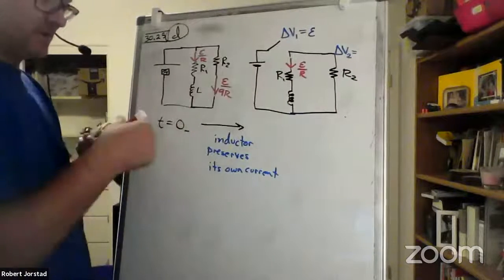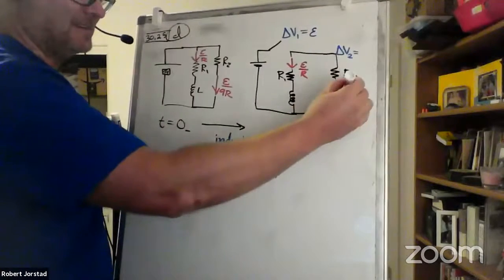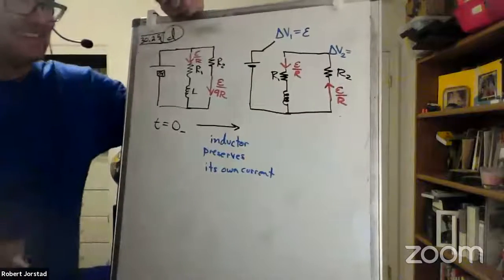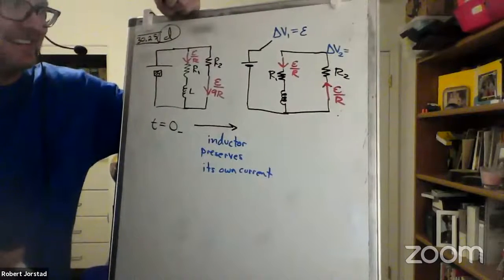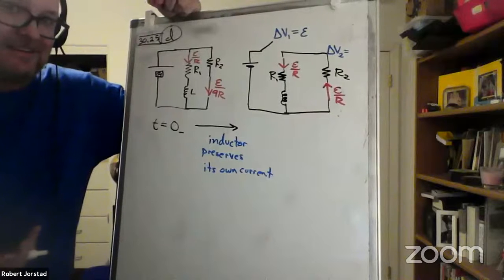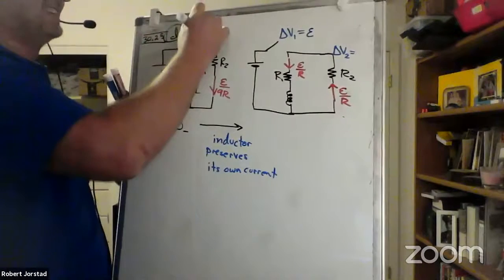How much current flows through R2? Just E over R. So what's the voltage across R2? E? No. Oh, it was R2. My bad. What was R2? 9R. So 9E.